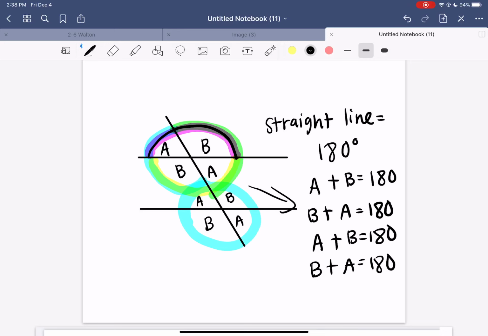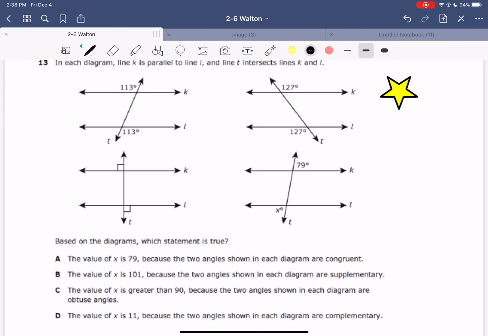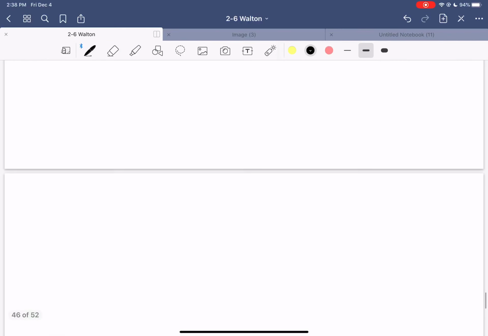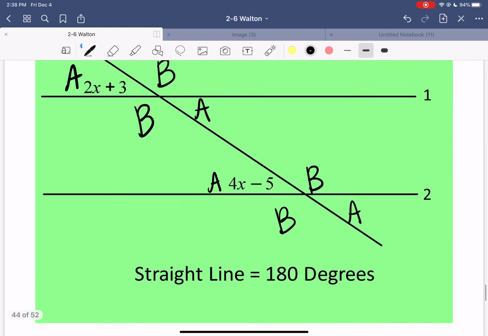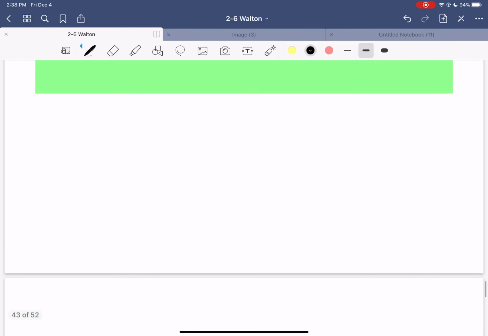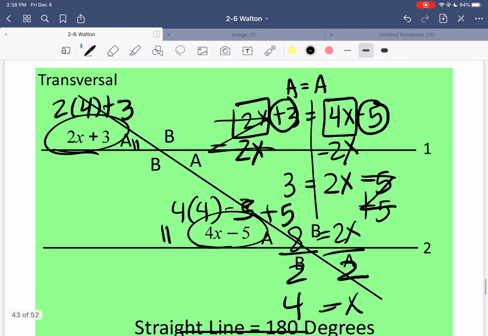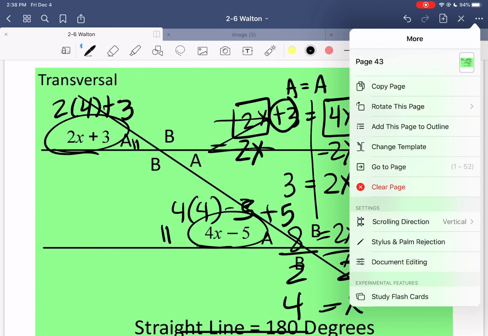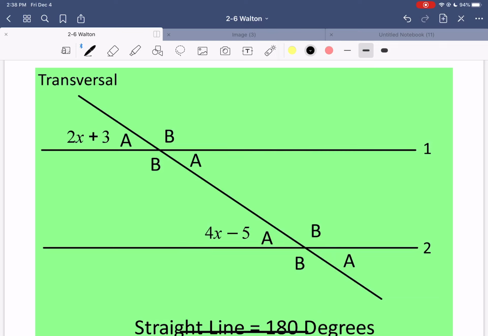So I'm going to show you over here. If I were to draw my line here, and this would have a line here, I'm going to show you that these four angles right here, the ones I just took, are the exact same four angles that are down here.